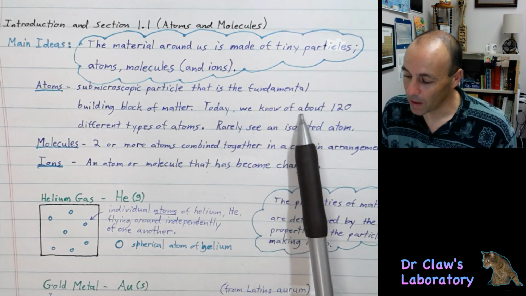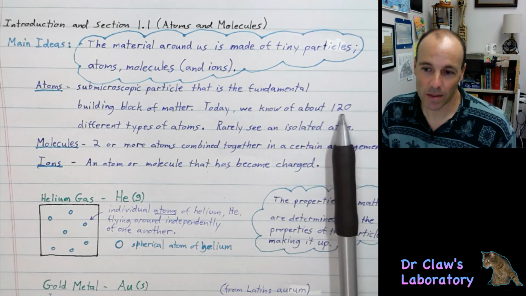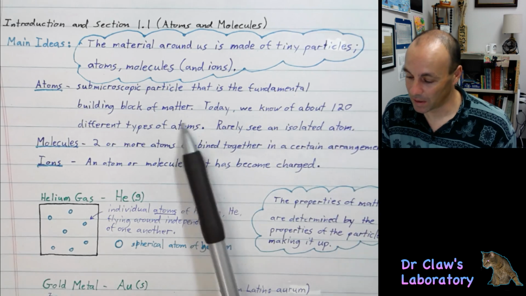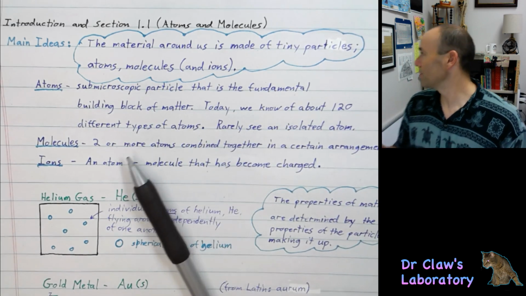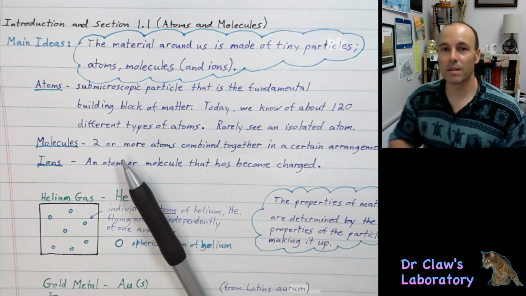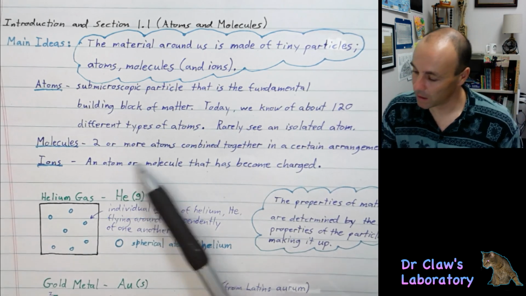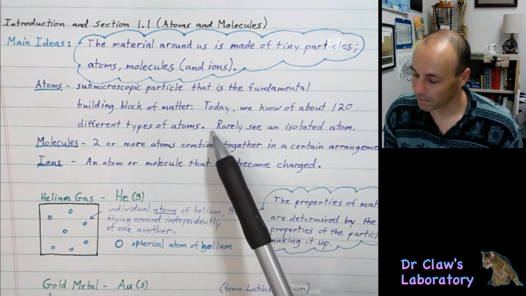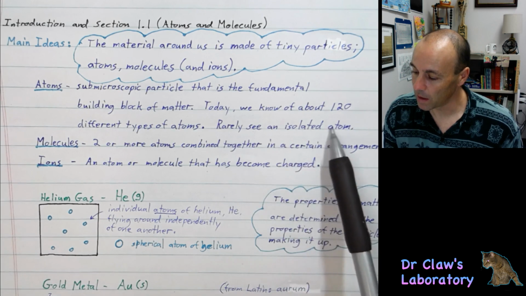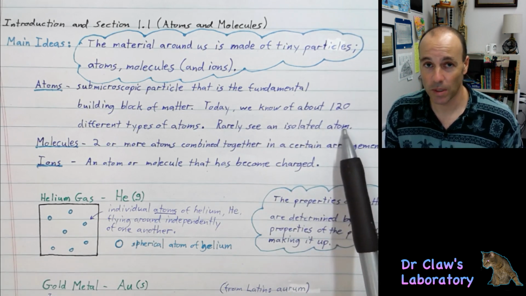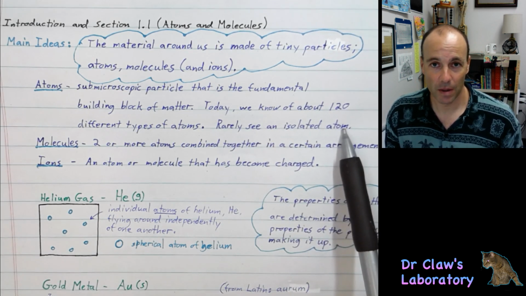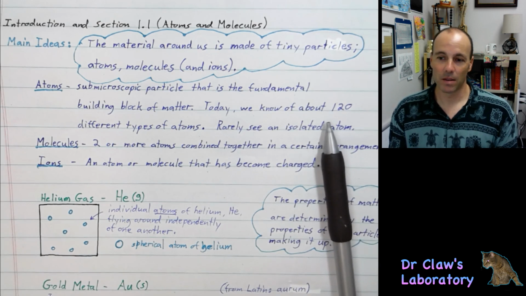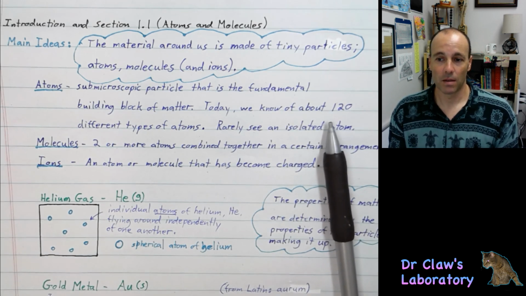Today we know of about 120 different types of atoms. 118 exactly. Rarely in nature will we see or detect an isolated atom. They're usually combined together as molecules.